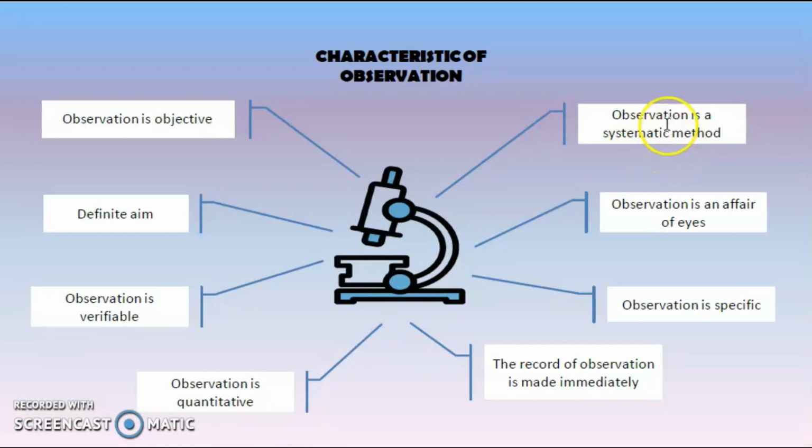Next, observation is a systematic method. Observation is not haphazard or unplanned. The length of the observation periods, the interval between them, the number of observations, the area or situation of observation, and the various techniques used for observation are carefully planned.